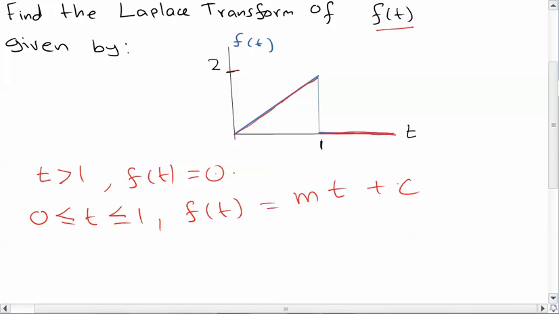But we can see that the y-intercept is 0 here because it goes to the origin. And if you look at the graph itself, the slope is going to be 2 over 1, which is 2. So f(t) for the first unit of time is going to be 2 times t. Now I do have the function.